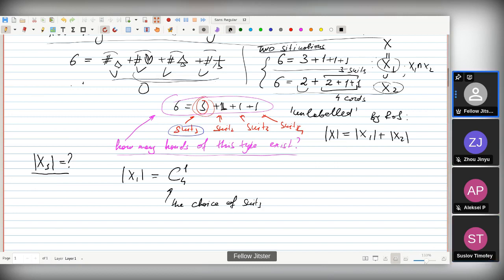Now, for whatever choice of this suit, how many options do we have to draw these three cards? 13 choose 3, as we have 13 cards of the suit. Is it clear?